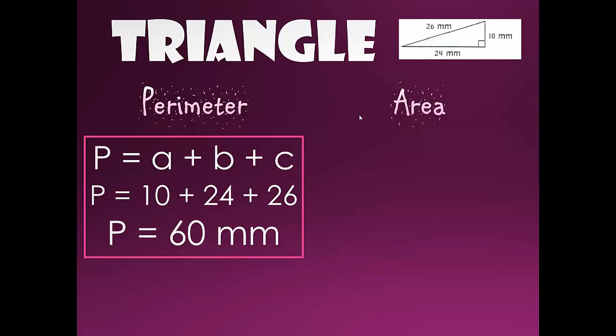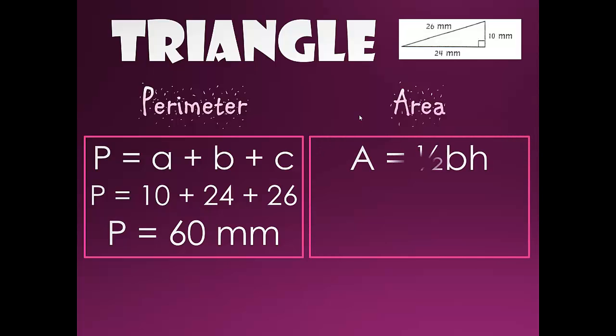Next, we will find the area of our triangle. The formula for area of a triangle is A equals 1/2 times B times H, where B is equal to the base and H is equal to the height. So our formula is area equals 1/2 times the base times the height. Our base and our height are going to be the two that form the right angle.